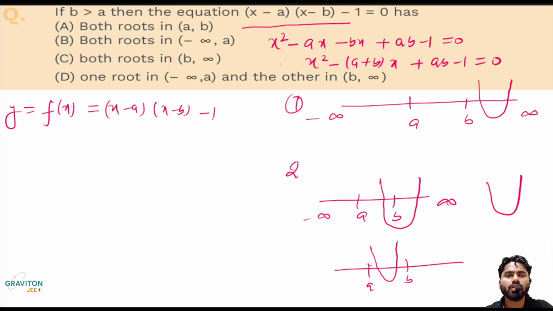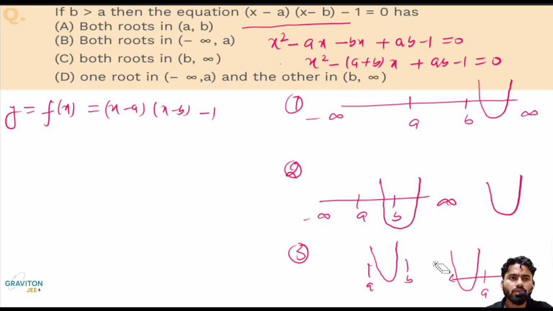If I put this something this, okay, then both roots lie between minus infinity to a.